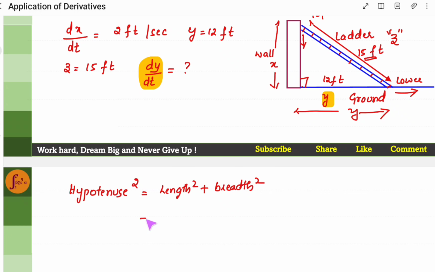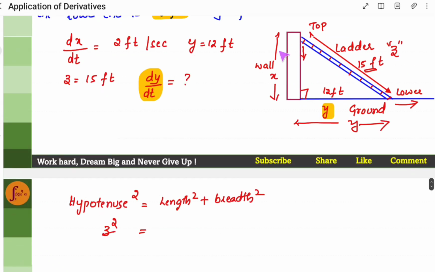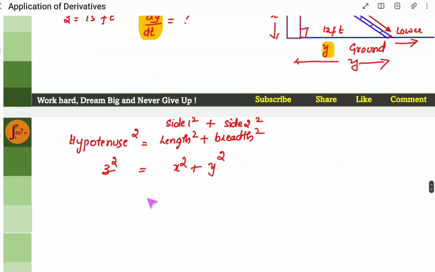The hypotenuse in this case is the side opposite to the right angle, the ladder. We call it z, so z square. Length is x, so x square, plus breadth y square. Basically the other two sides. Now z square is equal to x square plus y square.